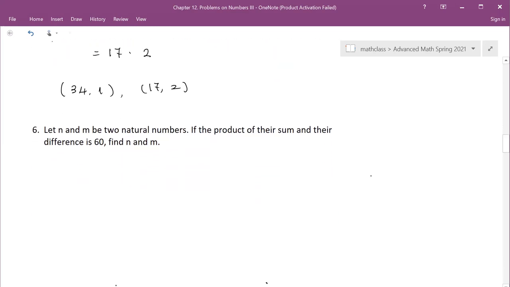So let's take a look at the next one. Let m and n be two natural numbers. What does natural number mean? Natural numbers are just 1, 2, 3, 4, 5, 6. If the product of their sum and their difference is 60, find m and n.